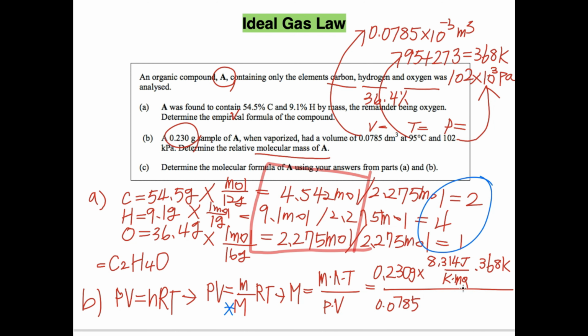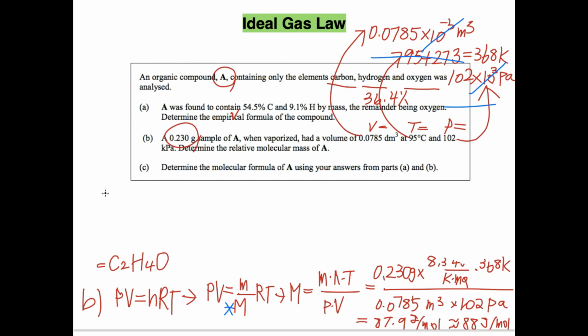So 10 to the power of negative 3 and 10 to the power of 3 will cancel out. Here we can see that these two will cancel out if we multiply them, right? So I'm going to put in meter cube times. So if I plug this into the calculator, I'm going to get 87.9 grams per mole, which is about 88 grams per mole. So that is going to be our molecular mass of A.